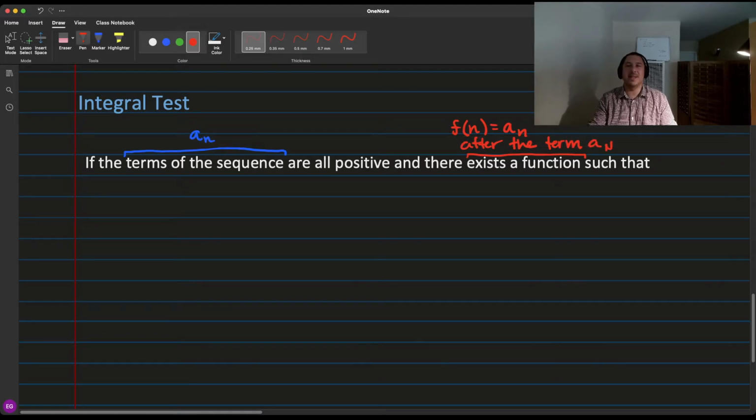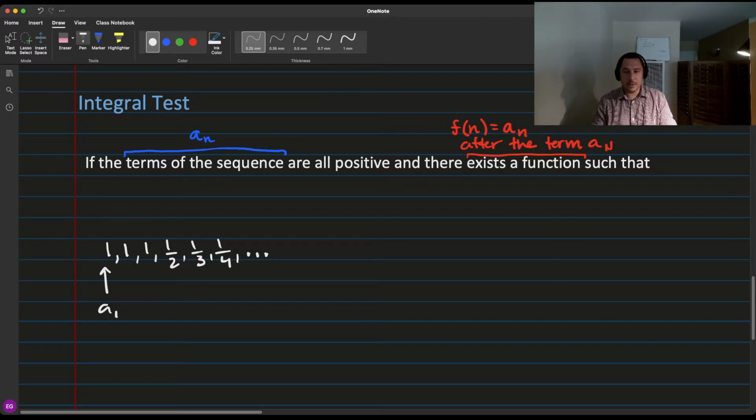And let me give you an example of what I mean here. Let's say that your sequence is 1, 1, 1, 1/2, 1/3, 1/4, and so on. So the first term is 1, the second term is 1, the third term is 1, and then what's the fourth term? 1/2.